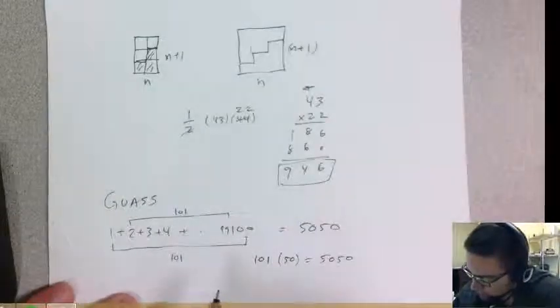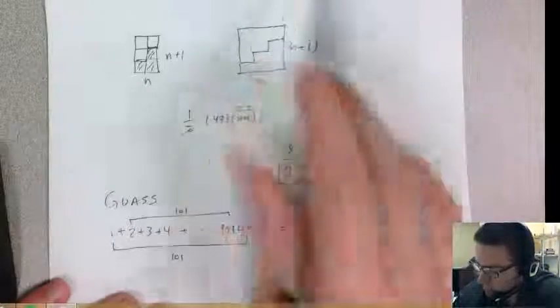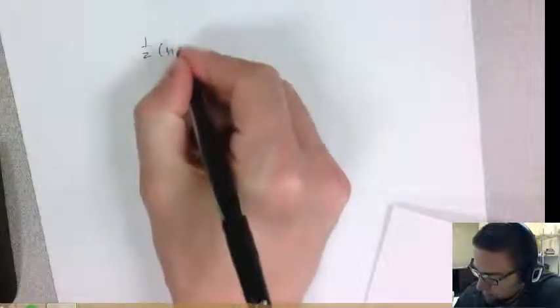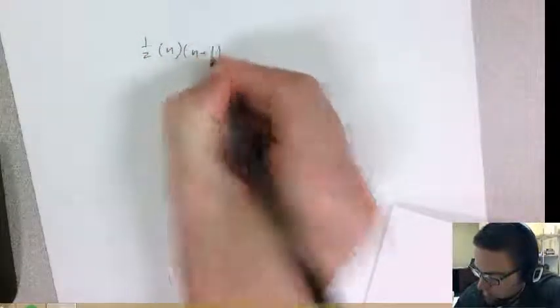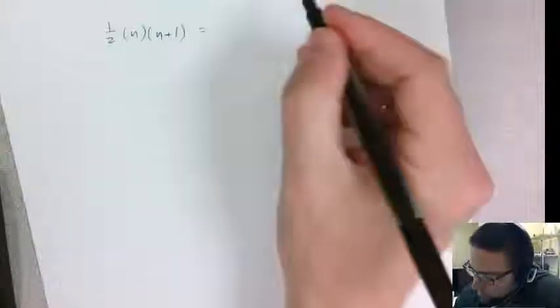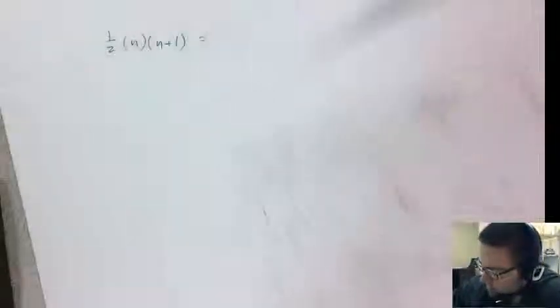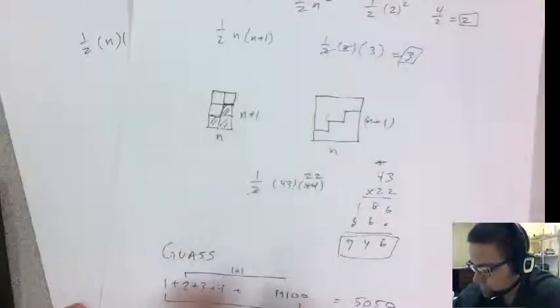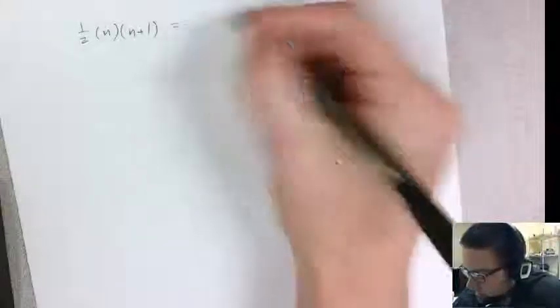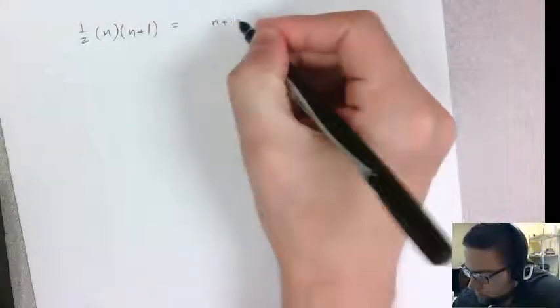But this is another way that you can look at the same expression, right? This expression was 1/2 n times n plus 1. But another way you could look at it is, you take the first number, which is 1, and the last number, which is 100. So that was n and 1, so n plus 1.